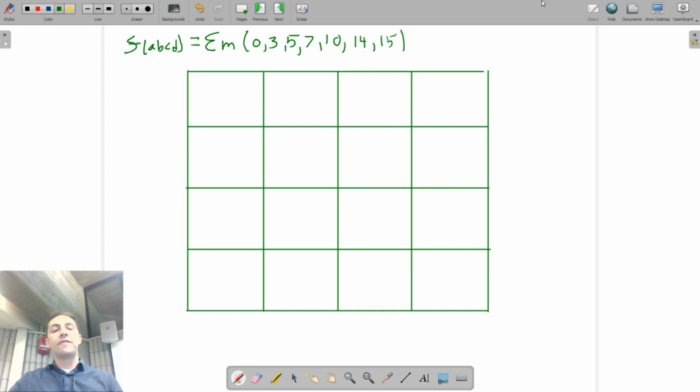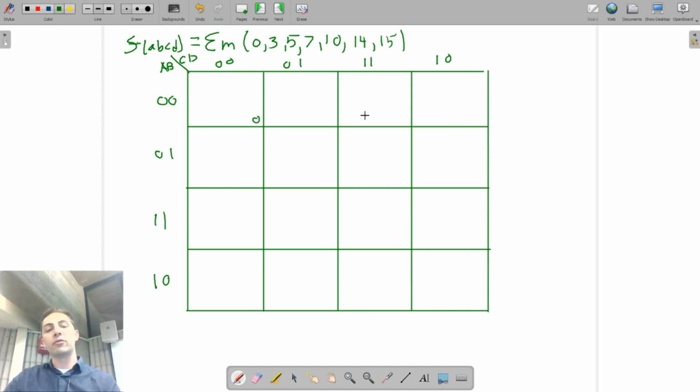So filling this in, first thing to remember is that we are doing things in Gray code. So we don't just count 0, 1, 2, 3, 4, 5, 6, 7, 8, 9, 10, 11, 12, 13, 14, 15. It gets a little bit more confusing than that. It has to be that way, though, in order for that simplification process to work.